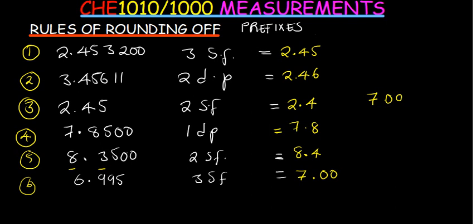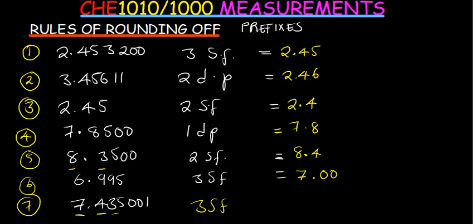Now, when you're rounding off, but the number that comes after a 5 is not a 0, for example, 7.43500, and you want to write this number to three significant figures, look at this. 1, 2, 3. A 5 is the number that comes after, but these numbers which are here, there is another non-zero.